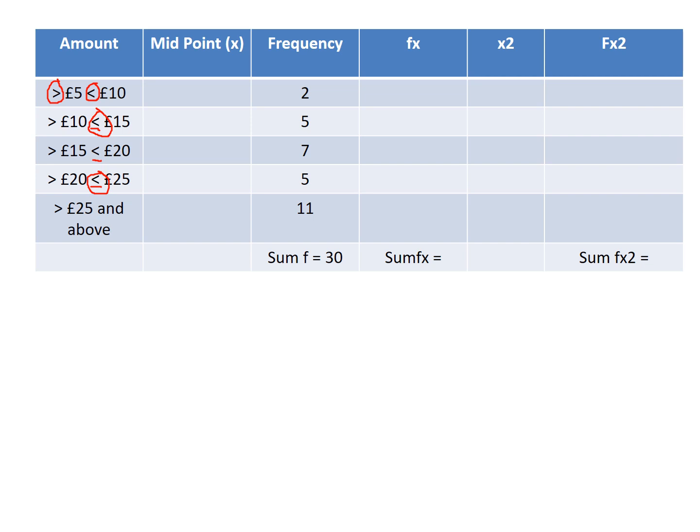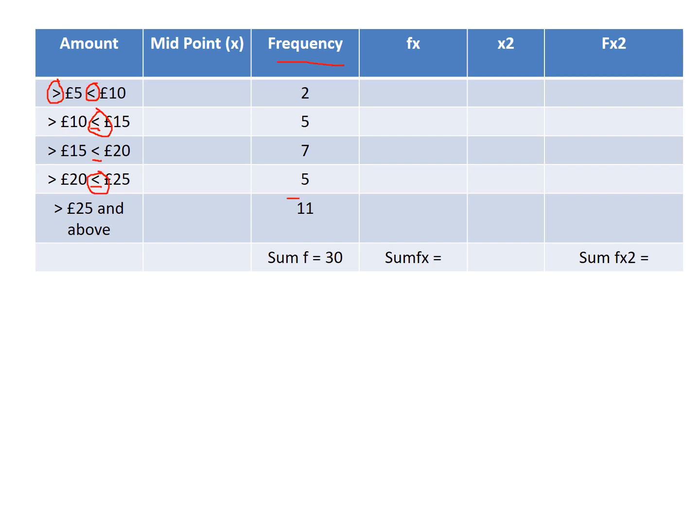Your frequency is how many respondents, the people that you interviewed, said between 5 and 10, or 5 people said between 10 and 15, 7 between 15 and 20, and 5 between 20 and 25, and 11 £25 and above.